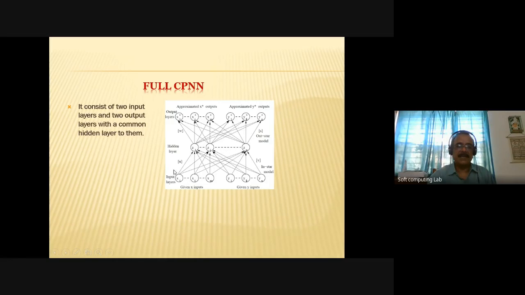You can see the connecting weights: U between the X input and the hidden layer, V between the Y input and the hidden layer, W between the hidden layer and the X output, and S between the hidden layer and the Y output. So this is the in-star model and this is the out-star model. In the in-star model, I'm going to use unsupervised learning, and in the out-star model, I'm going to use Grossberg supervised learning. Our aim is to establish the input-output relationship.